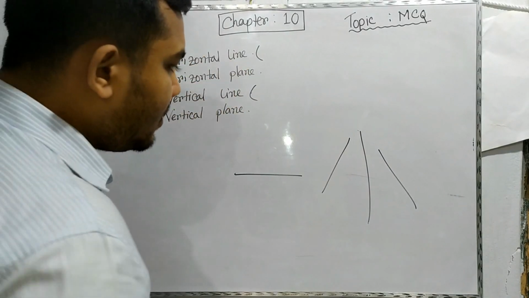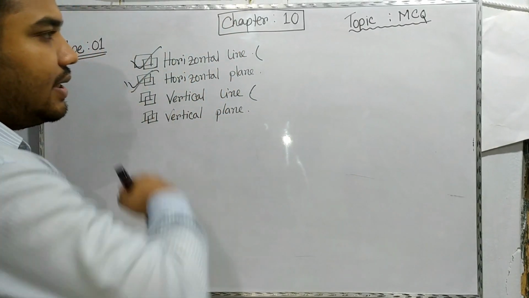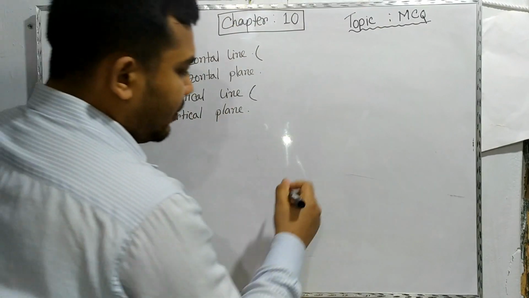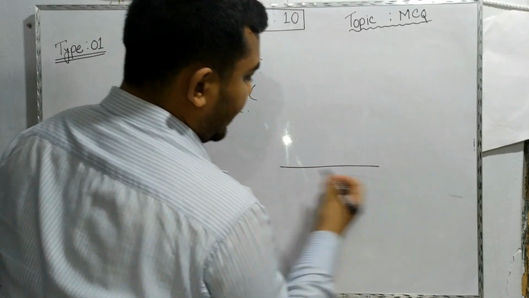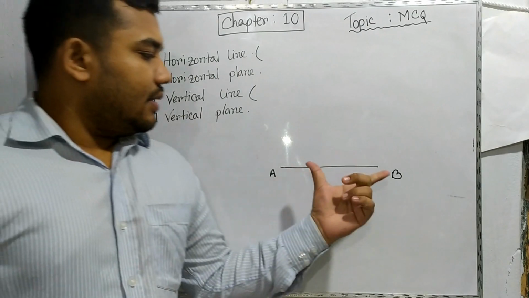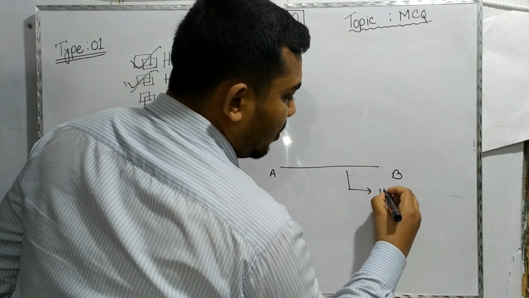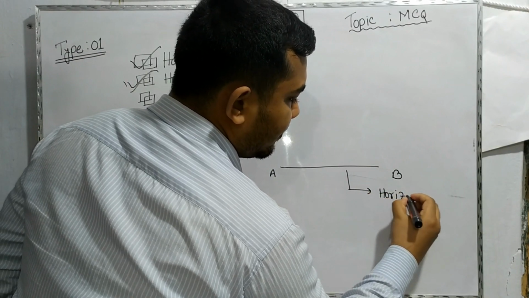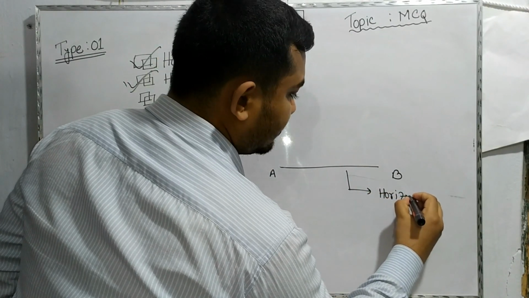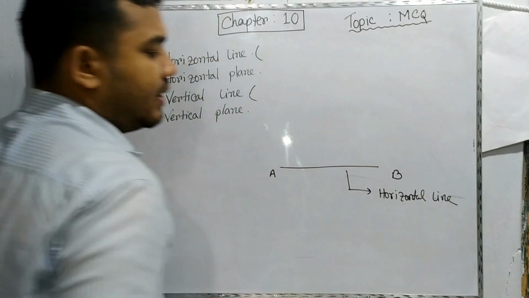So suppose in this horizontal plane we draw a horizontal line AB. This is the line, and the name of this line is horizontal line.